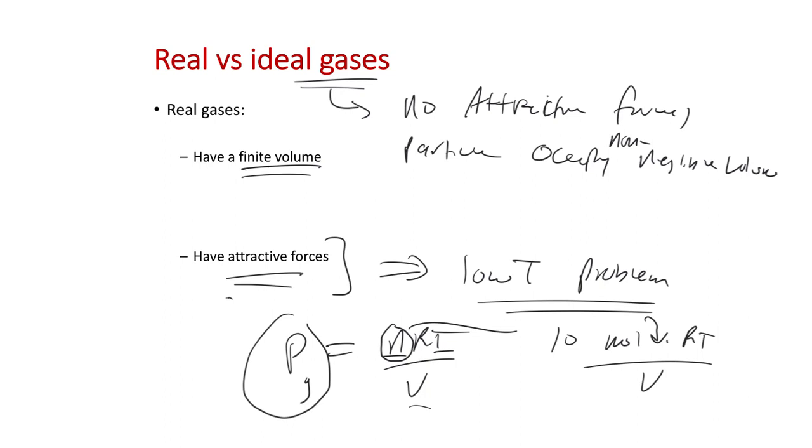Whenever the apparent number of moles begins to be a problem, it's going to be when we get close to the boiling point of the gas, so at lower temperatures. And then the finite volume problem comes whenever we have a relatively high pressure.